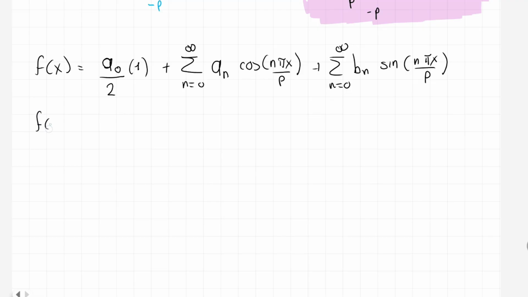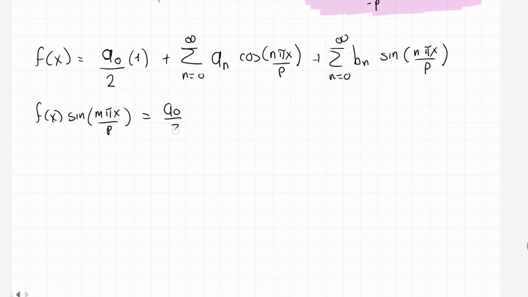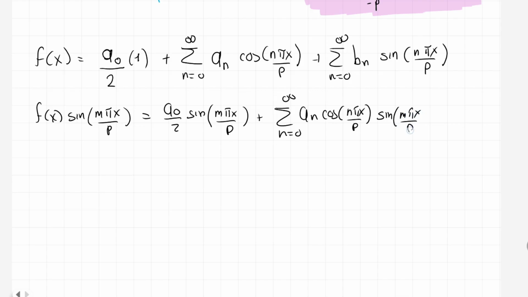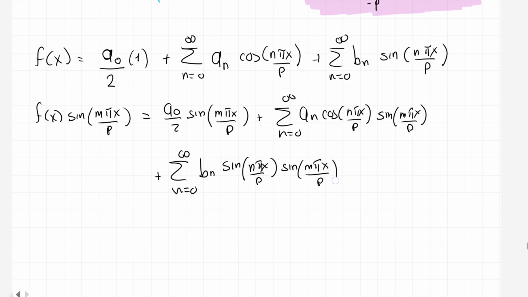So we are going to get that f of x times sine of m pi x over p will be equal to a0 times sine of m pi x over p plus the sum from n equals 0 to infinity of a sub n cosine of n pi x over p sine of m pi x over p, and then plus the sum from n equals 0 to infinity b sub n sine of n pi x over p sine of m pi x over p.